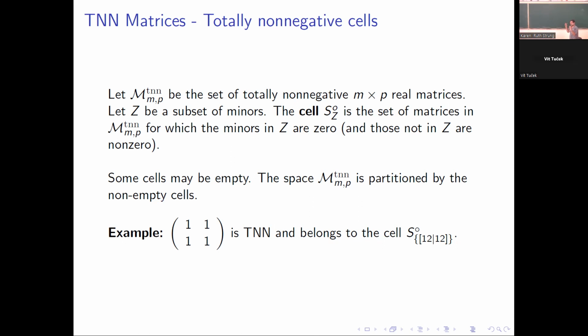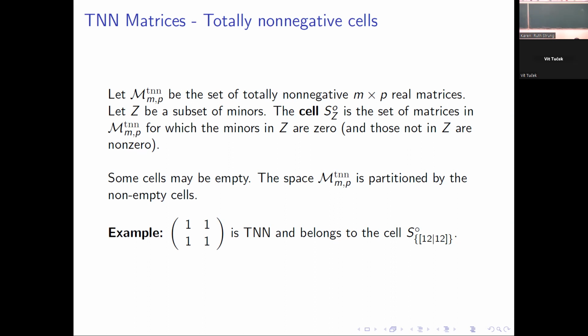So I'm fixing the pattern of the 0 minors. Every minor coming from Z is 0, every other one is non-zero. It's very easy to see that these cells form a partition of your space of totally non-negative matrices. One of the issues is that cells might be empty, and you would like to know whether cells are empty or not.